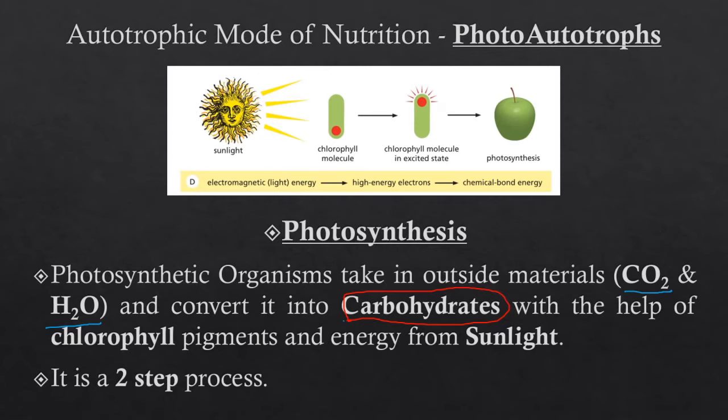Now this conversion is going to be with the help of the very important chlorophyll pigments and with the help of energy from the sunlight. So with the help of sunlight, in the presence of chlorophyll pigments, we are converting the carbon dioxide and water into carbohydrates in a two-step process. Okay, in a two-step process, and that is called photosynthesis.